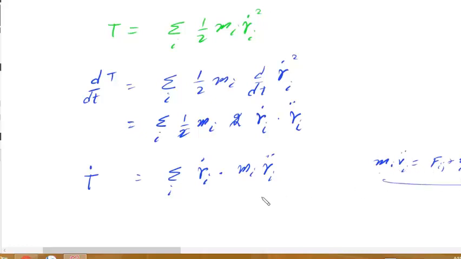Okay, and then we put here the summation m_i r dot I, and we put the value of this as the F_ij.